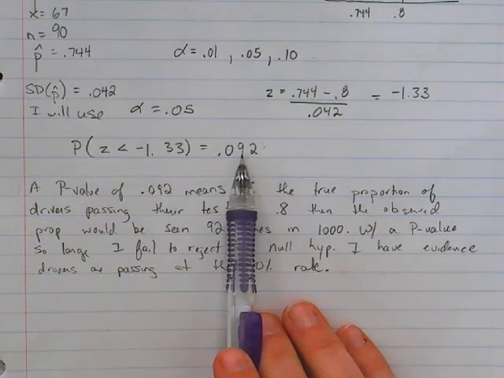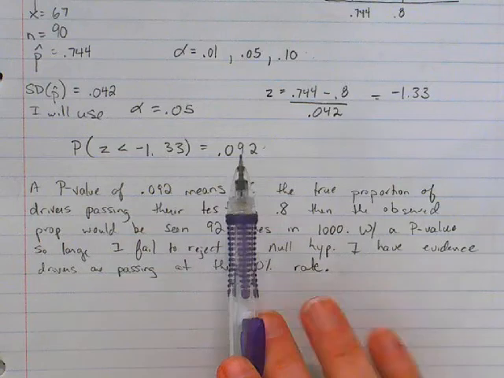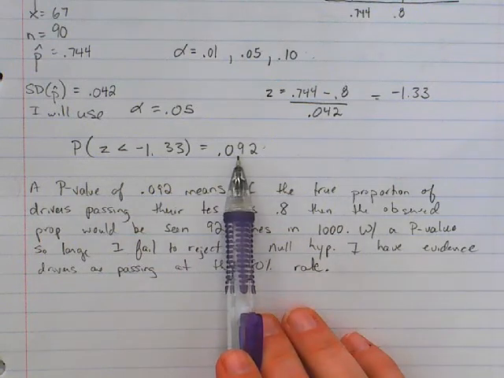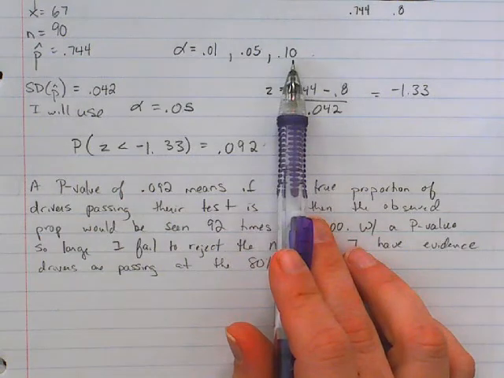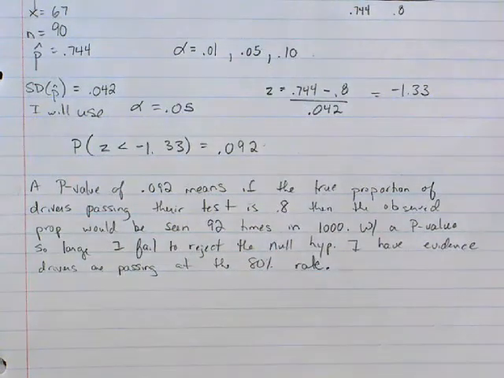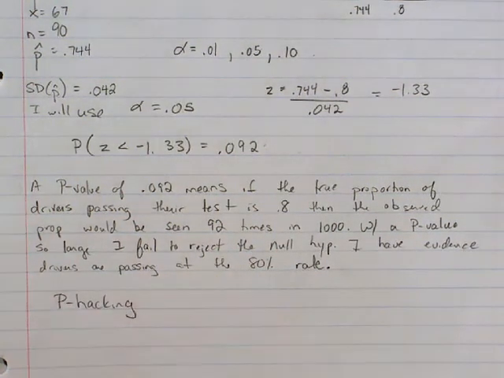What could I do if I wanted to reject my null hypothesis? If I want to say this is so small, my alpha needs to be larger. The only alpha that is larger is 0.10.